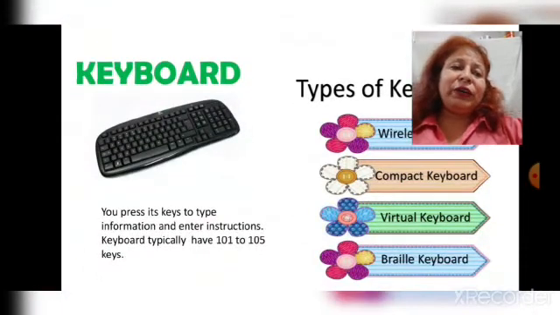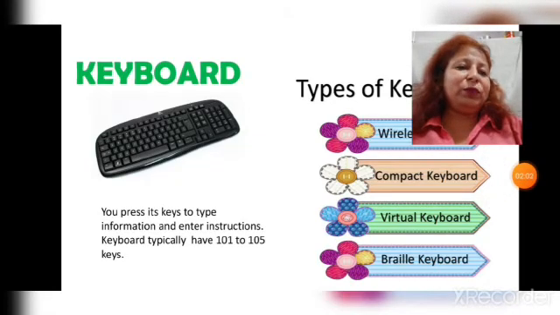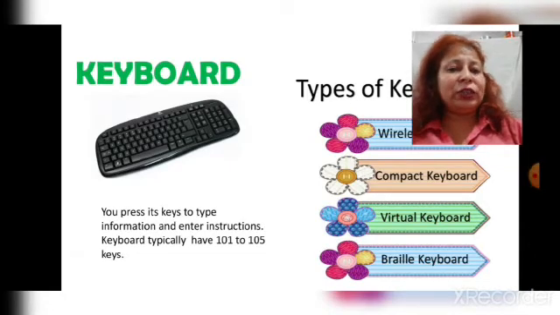The first input device is the keyboard. You can press keys to type information and enter instructions. Keyboards typically have 101 to 105 keys. There are different types of keyboard: wireless keyboard, compact keyboard, virtual keyboard, and braille keyboard.